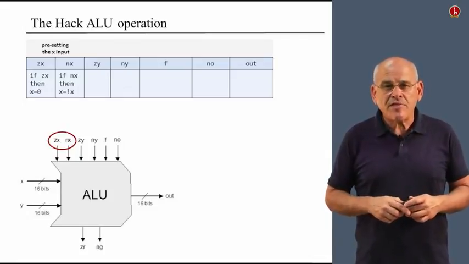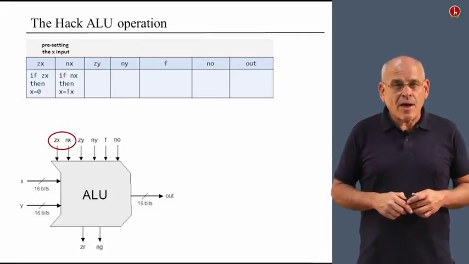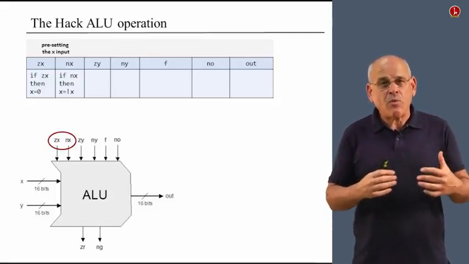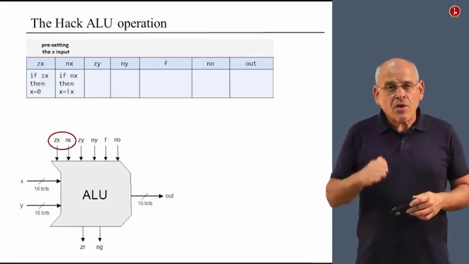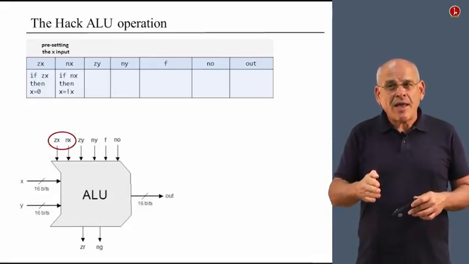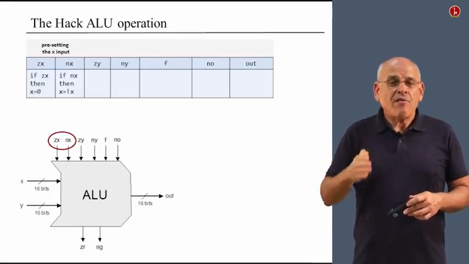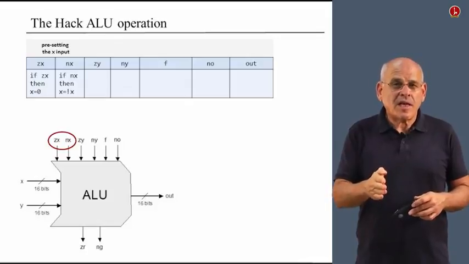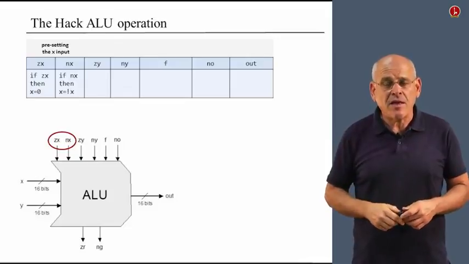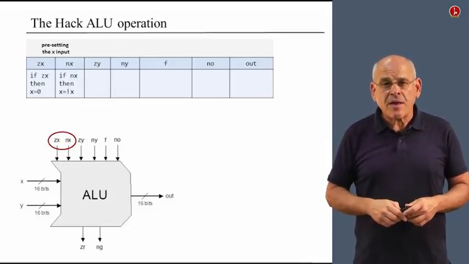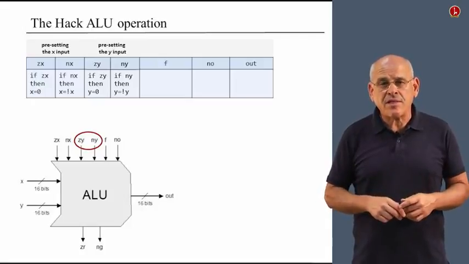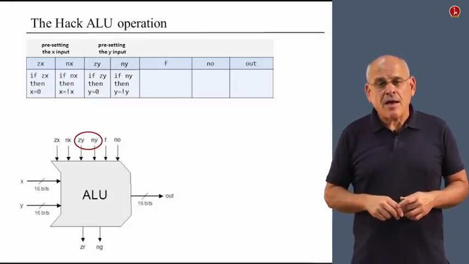If nx is 1, we set the x input to not x. This is bitwise negation. Notice that these two things happen one after the other. So for example, if zx equals 1 and nx equals 1, first we zero the x input and then we negate it, so we'll get 1, 1, 1, 1, 1, 1. The same thing happens with the y input using the zy and ny directives.